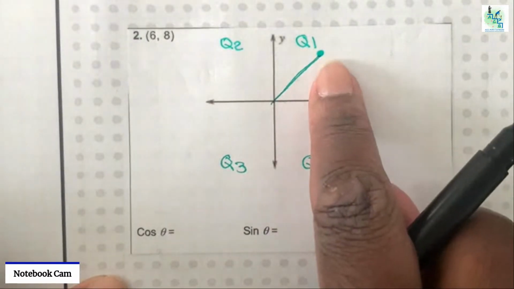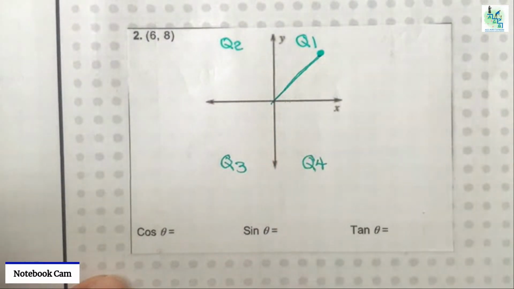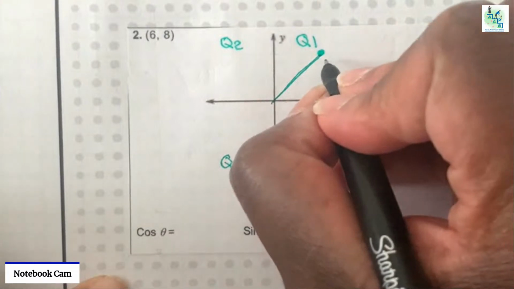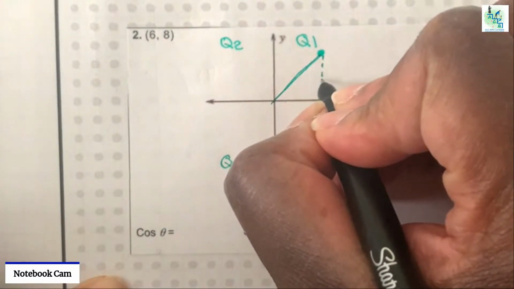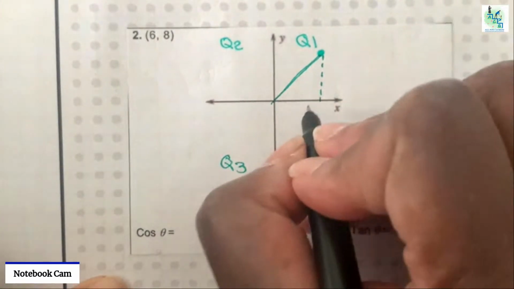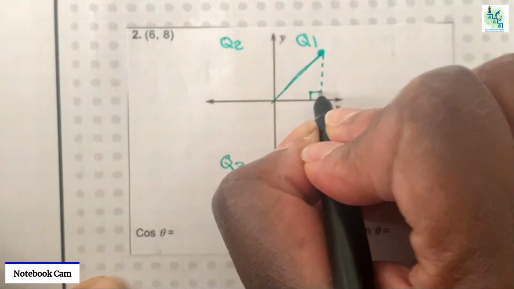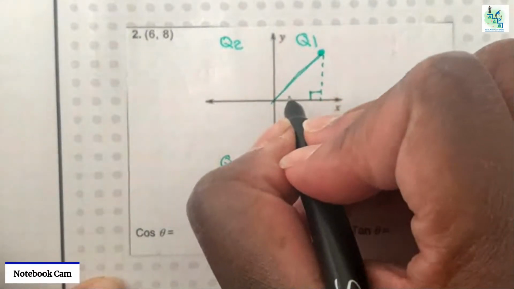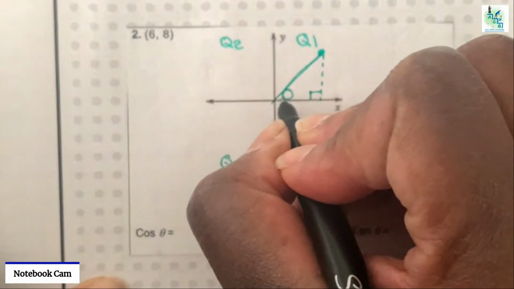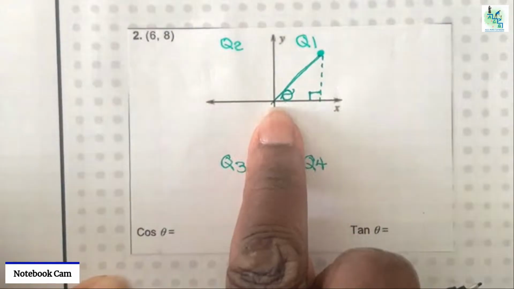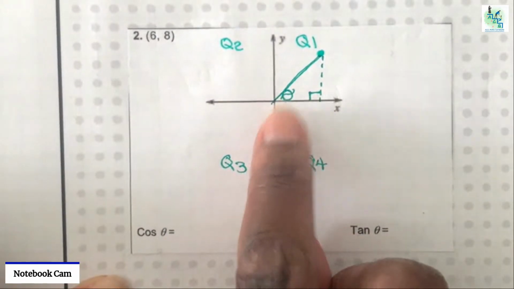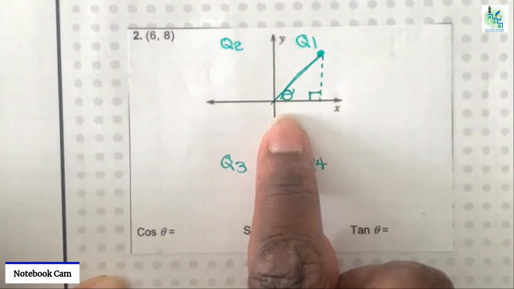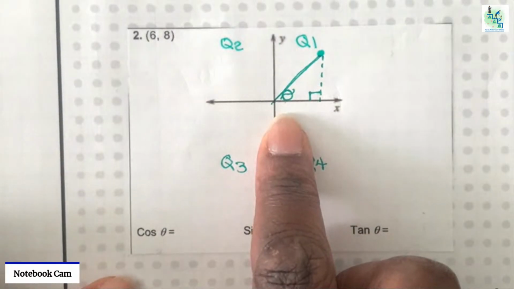So seeing how my line is and where my point is, I'm going to construct a triangle. Not only a triangle, but a right triangle. Your theta is always going to be right where your vertex is at the origin. This is always going to be your theta. Okay? It's easy to keep track of that.